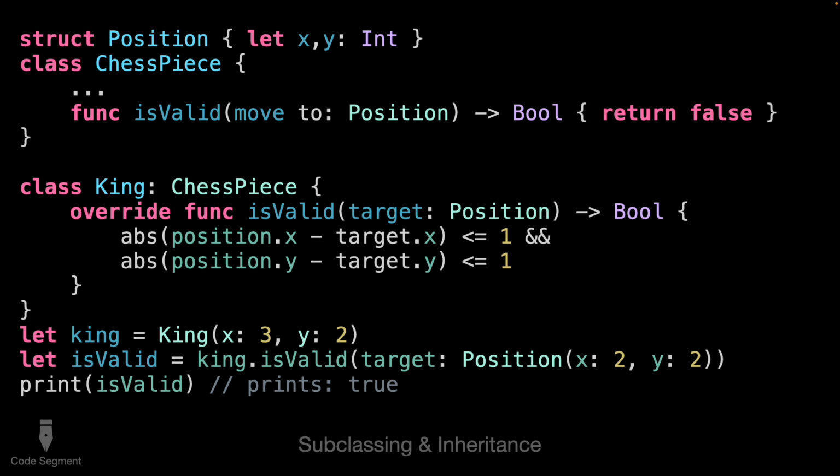Basically, another way to think about this is rather than overriding, you're kind of creating a second new function that gets used by default when .isValid gets called on a king type instance, on a variable that has the type of king. But within the king scope, it knows, oh, I'm a chess piece.